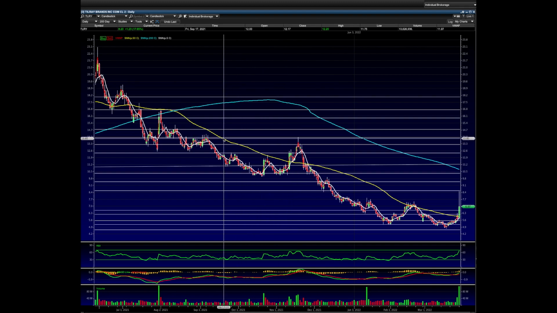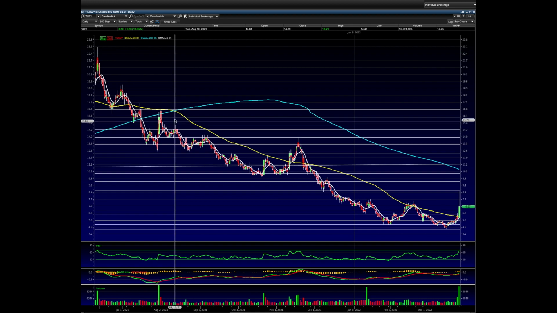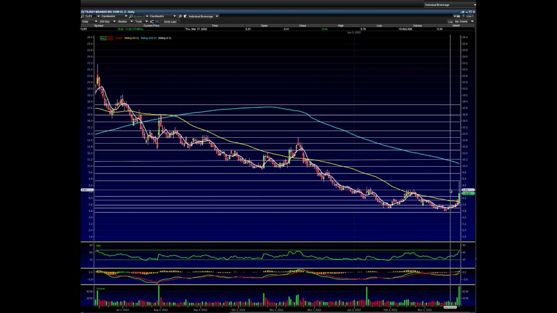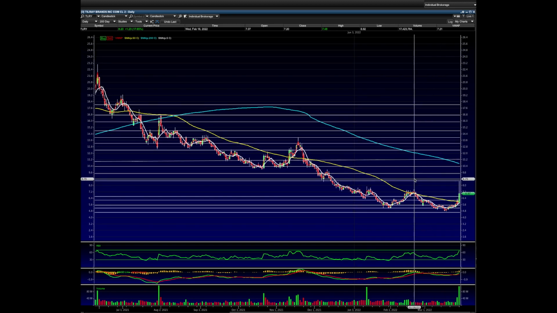The next one's going to be 14. You can see it's the top of this wick, as well as these candles up here, and the bottom of these candles where it was acting as support. So above 14, we got 1475, then 16, then 1680, then 18, and that's as high as I'm going to go. It's a 100% move from 9.